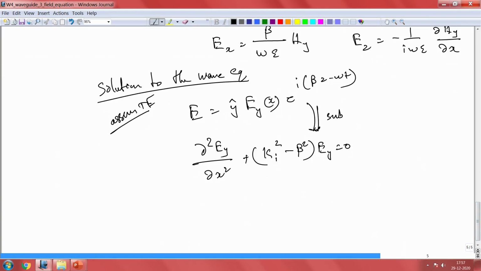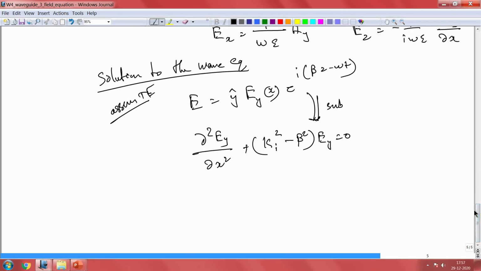in the wave equation, and we can solve this second order differential equation, and your solution will be equal to e to the power plus or minus i x root of Ki squared minus beta squared.